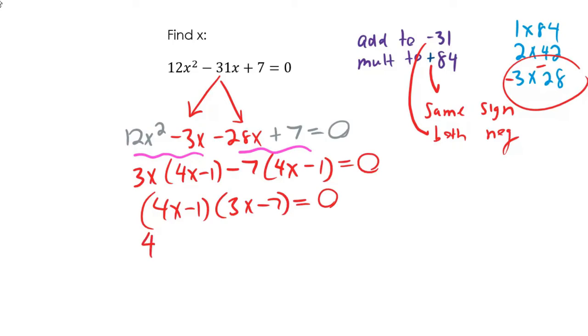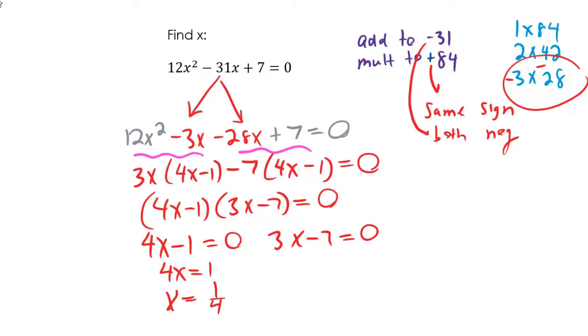Then we can do the zero product rule, where we set each piece equal to 0. Add 1 to both sides, divide by 4, add 7 to both sides, divide by 3, and so our two answers are 1/4 and 3. Going to another example here.